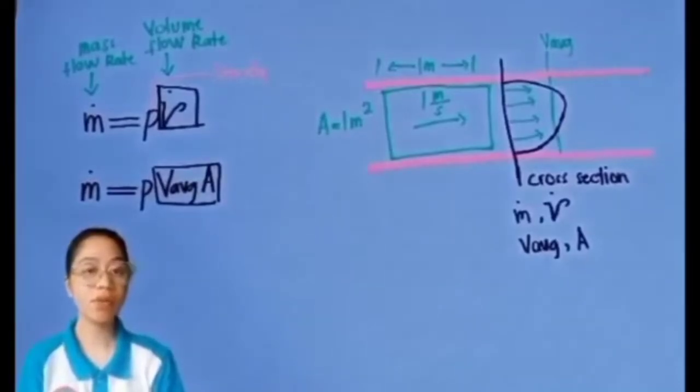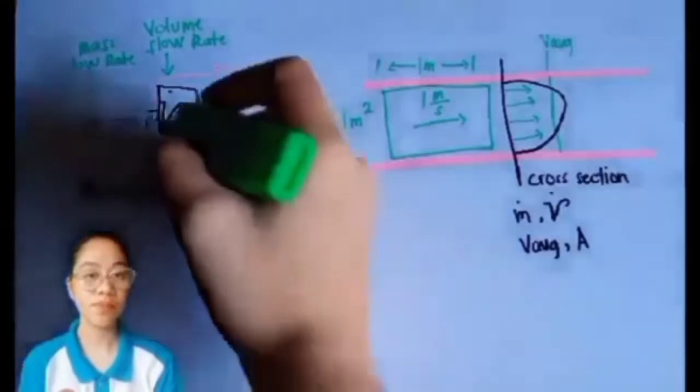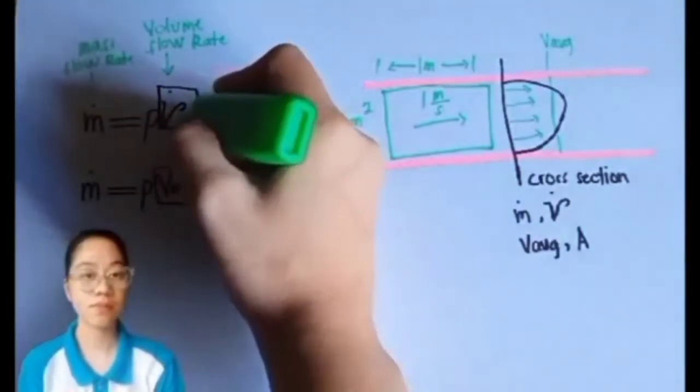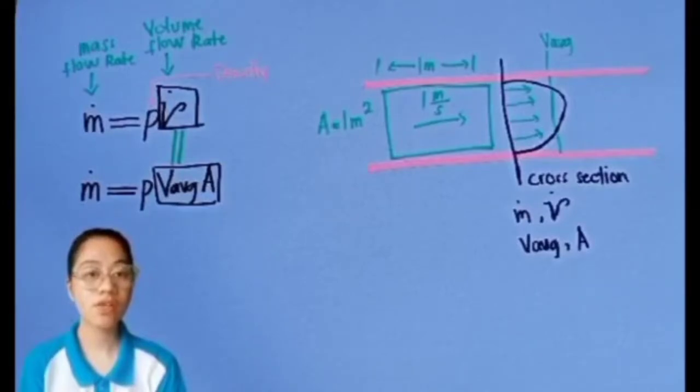Here, I am going to use a specific example to illustrate the relation between the volumetric flow rate, the average velocity and the cross-section. Imagine we have a block of fluid that's about to go through the cross-section.